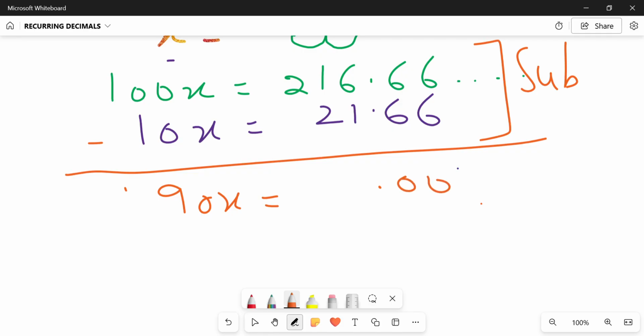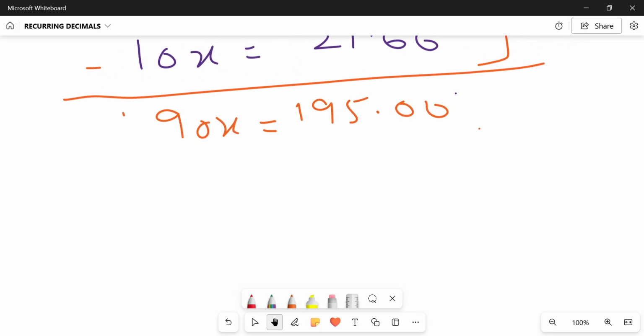When we subtract the left hand side, 6 minus 1 gives you 5, and then 1 minus 2 is not possible. Let's borrow: 11 minus 2 gives me 9, and 1 will come as it is. So 195.00.